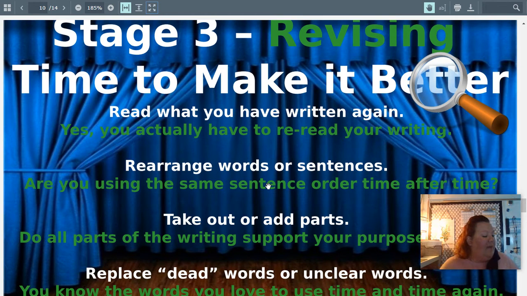It is time to make our writing better. You want to go back and reread. You want to check for sentence structure, sentence types. Did you stay on topic? All of those things.